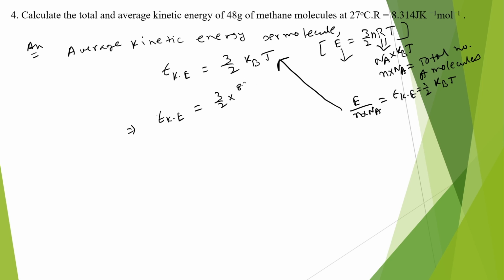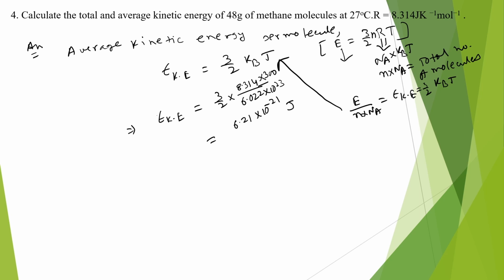R is 8.314 in joule unit, by Na, the Avogadro number, 6.022 times 10 to the 23, and the temperature given is 27 degrees Celsius, meaning 300 Kelvin. Then if we do it, we get 6.21 times 10 to the minus 21 joule. So, this is the average kinetic energy of a single molecule.